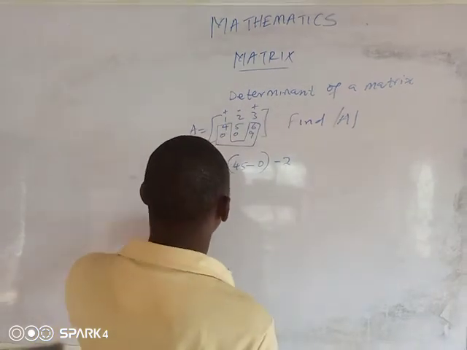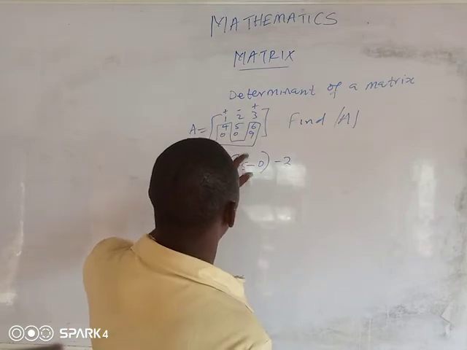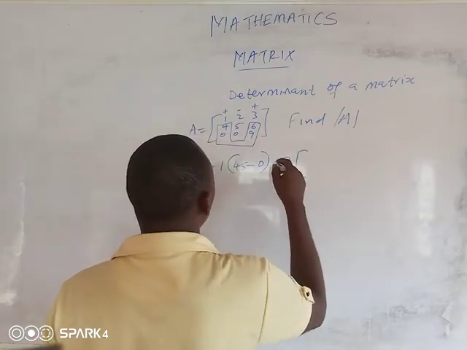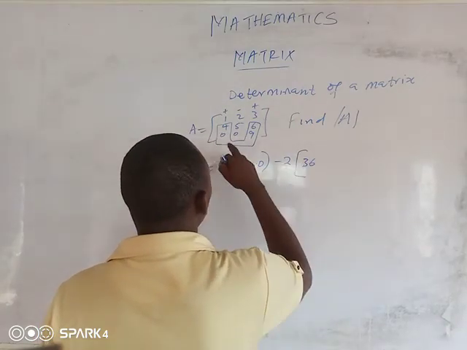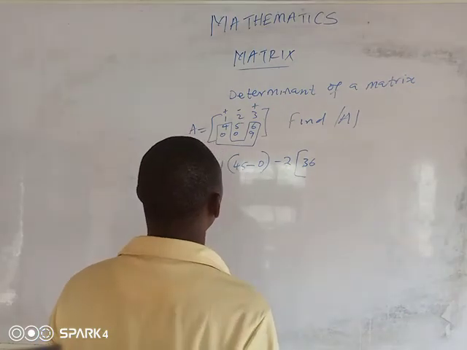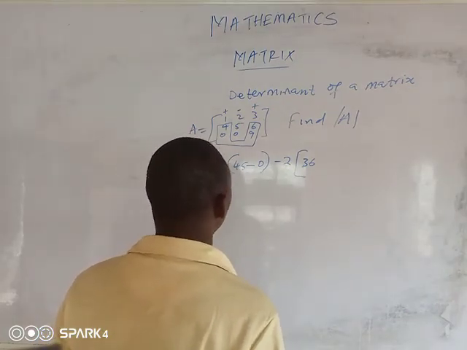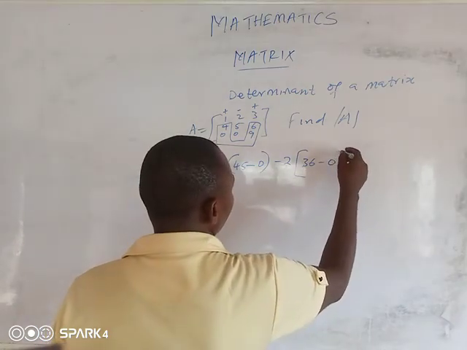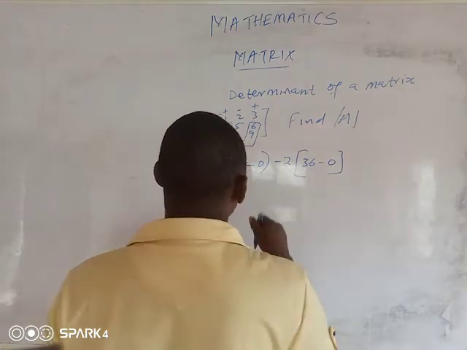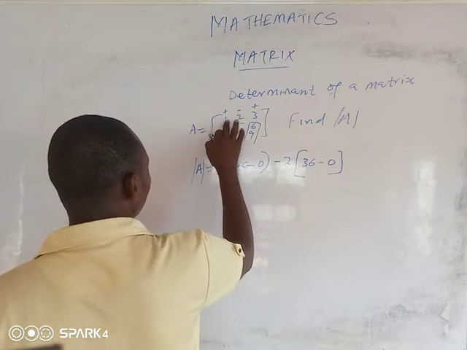I'll use this 4 to multiply 9. So 4 times 9 will be 36. And then 0 times 6 will give us minus 0. Okay? So I'm done with this column.